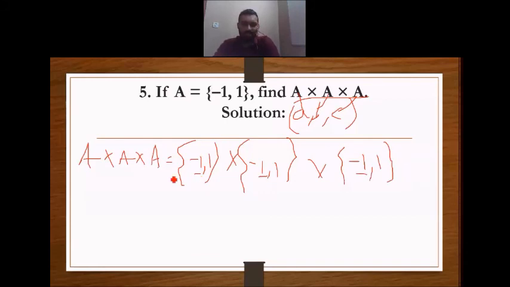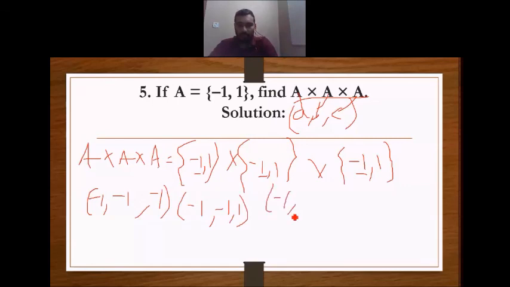All three sets are A only, so we take elements from all three sets, but the order differs. So we can take (-1, -1, -1), then (-1, -1, 1), then (-1, 1, -1), then (-1, 1, 1).